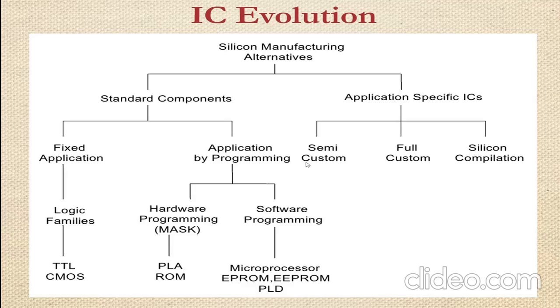Semi-custom means some part of the IC will be readily fabricated, we can just program it through software, and the rest of the hardware is programmable hardware. Full custom means each and every part of the chip is designed by the designer, like the small transistors of which the ICs are made up. From the transistor level itself the design is done. Those are called application specific ICs which are full custom.